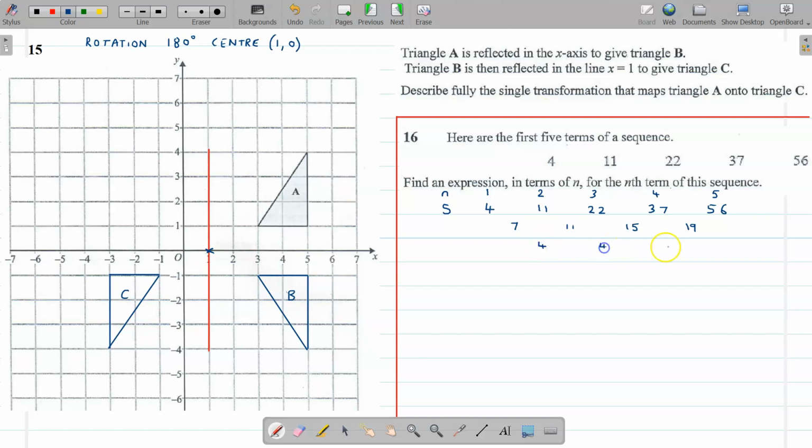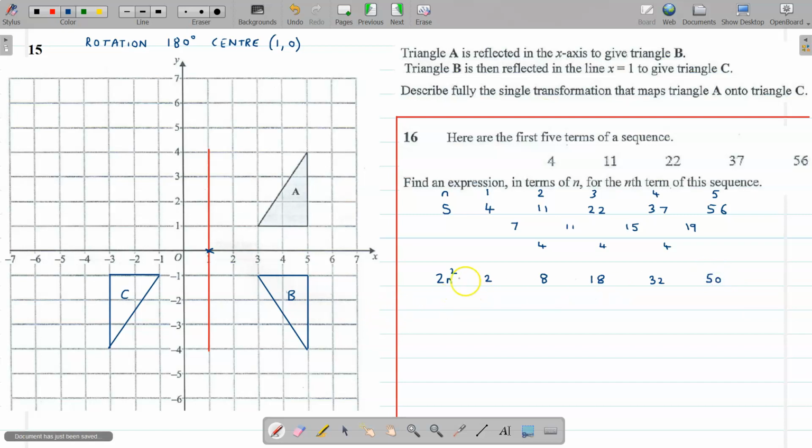That's what we need for the next bit, because we want half of the second difference times n squared. So 2n squared. 1 squared is 1 times 2 is 2. 2 squared is 4 times 2 is 8. 3 squared is 9 times 2 is 18. 4 squared is 16 times 2 is 32. And finally 5 squared, 25, double it, 50.